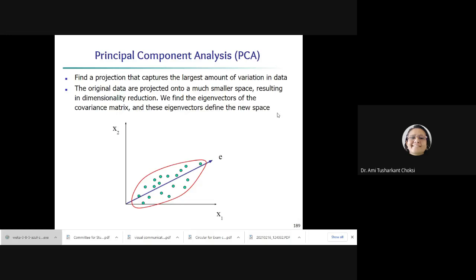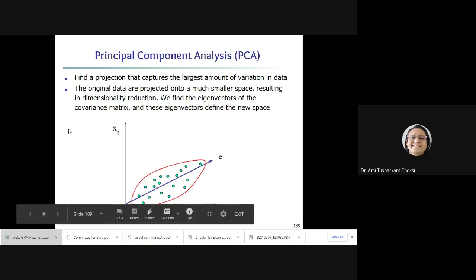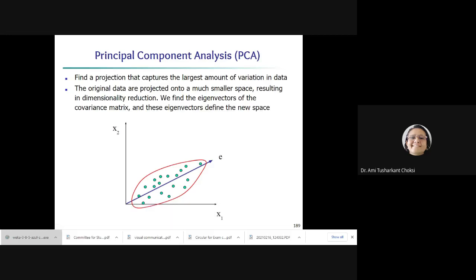You already studied the eigenvector concept in maths, so you can recall that. See here, x1 and x2 are there, and this is the space where we get the projection of our original data. The original data may be larger, but its projection is in the smaller space, so we get dimensionality reduction.